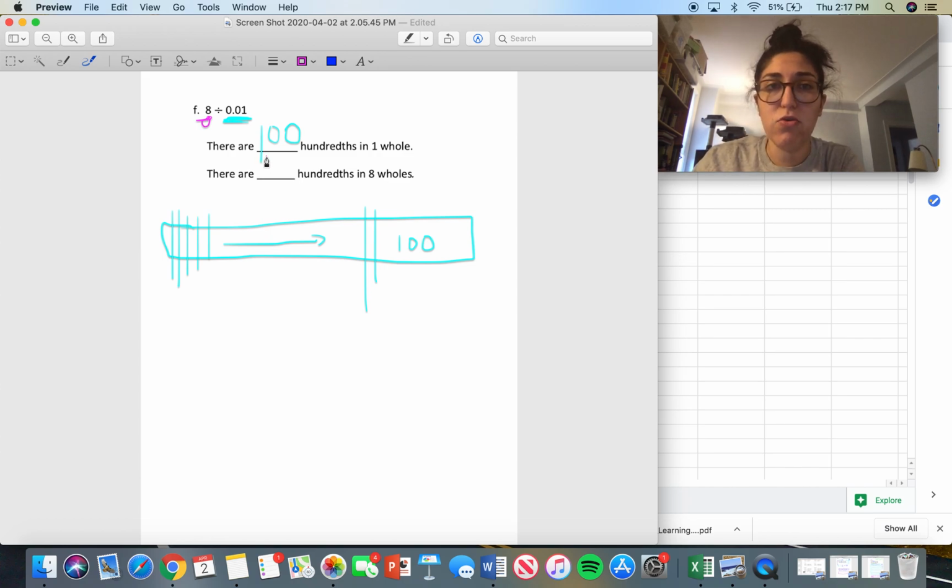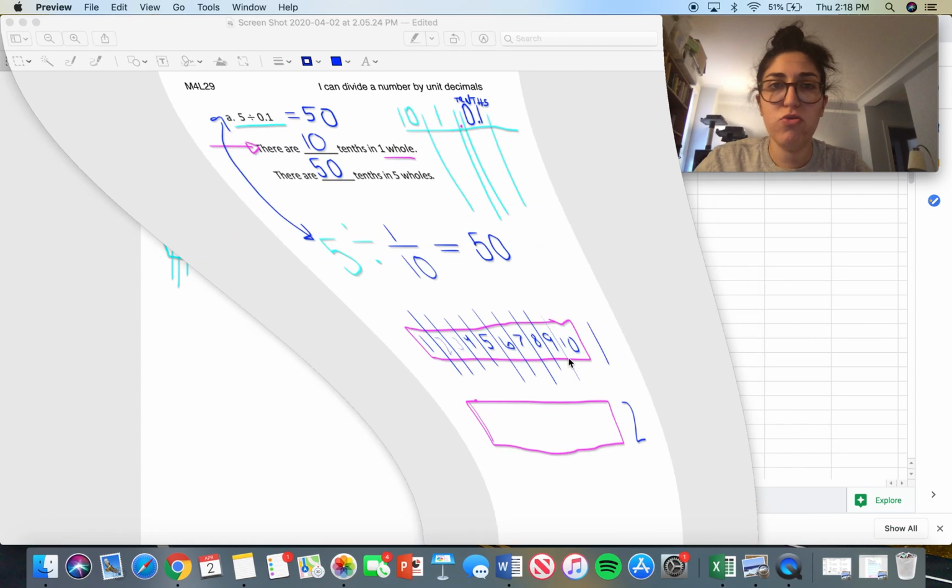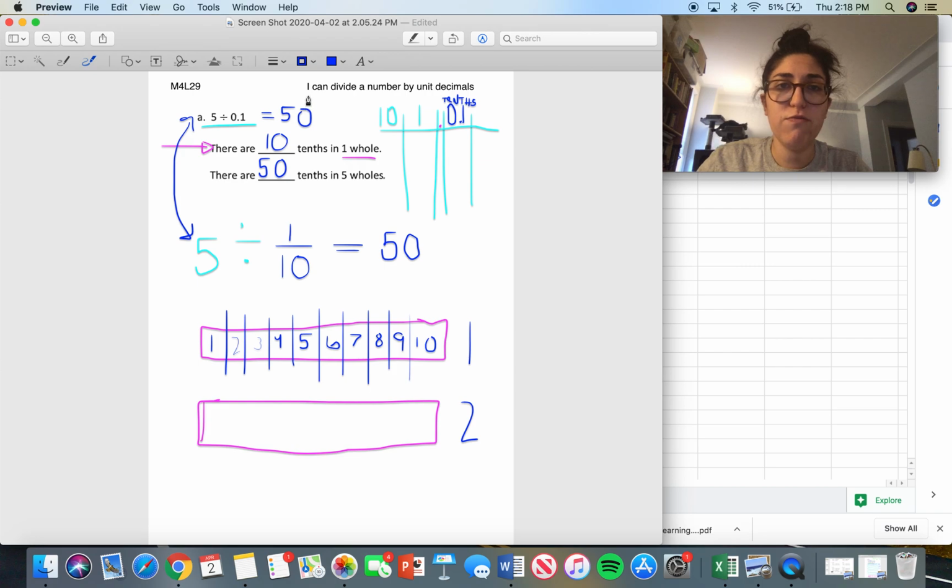So in 8 wholes I would have 800 hundredths. Or in other words, if I take 8 and I divide it into equal pieces of 100th, how many pieces would I get? I would get 800 pieces.